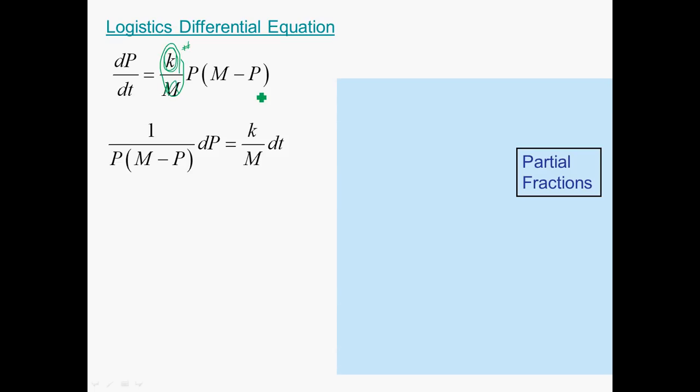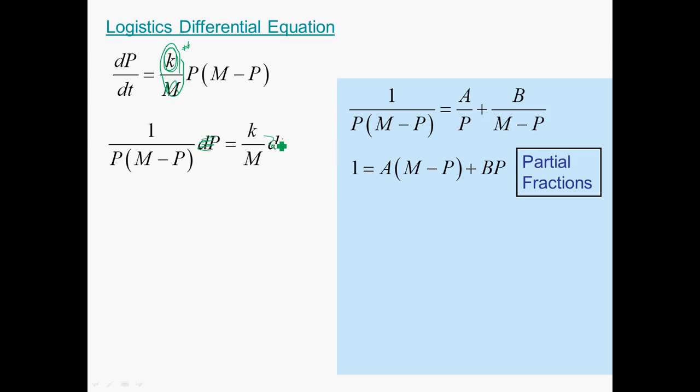This is a partial fractions problem. So ignore the derivative stuff right now. Ignore this stuff and let's just do partial fraction work. The fraction on the left was already factored, and I just have to find A and B. Since I don't have any variables in the numerator, I can't really use the Heaviside method, but the numerator is just 1, so this is not really that bad algebra.